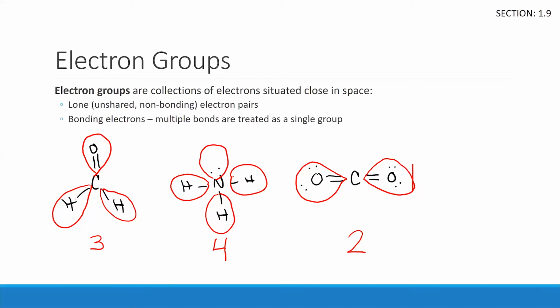In number 4, there's one lone pair and 3 bonded electron groups. As a reminder, you can color it in or make it bigger, just to remember that lone pairs are going to repulse a little bit more. In our last example, there are no lone pairs, just bonded electrons, so these are going to repulse the same amount.